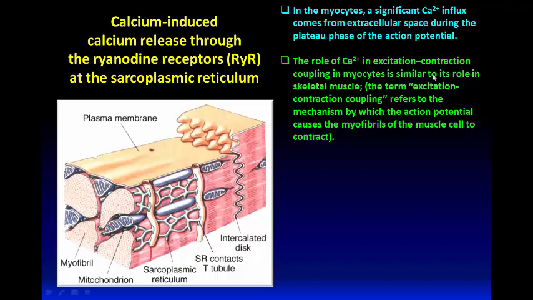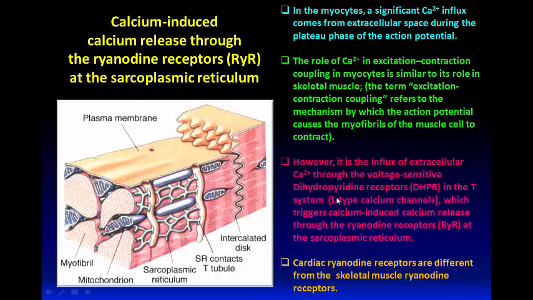The role of calcium ions in the excitation contraction coupling in myocytes is similar to their role in the skeletal muscle fibers. And as you all know, the term excitation contraction coupling means the mechanism by which the action potential causes the sarcomeres of the myofibrils of the muscle cell to contract.